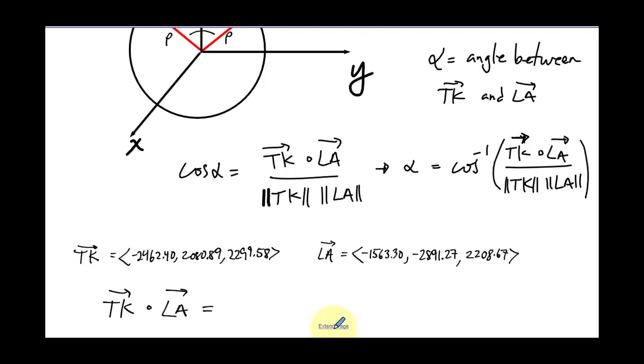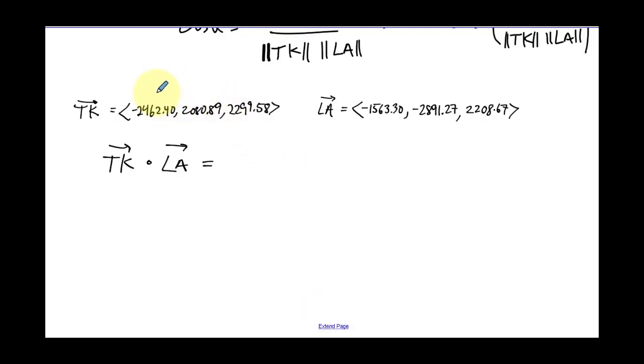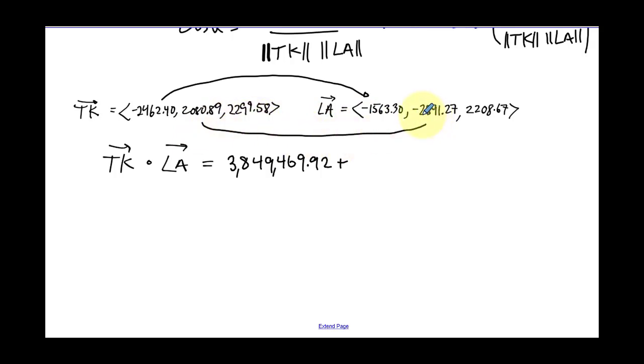So let's do the dot product first. Remember, with the dot product, you would multiply this component times this component, and then add all these together. That's 3,849,469.92 plus, and then the next one, multiply these guys together. One's a plus, one's a minus, so this is negative.